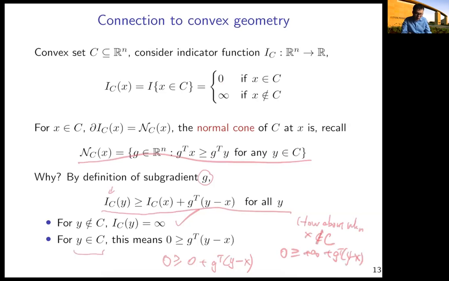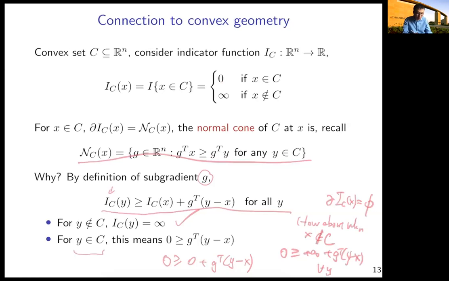This can never be true for all y. Therefore, when x is not in C, the subdifferential of I_C at x is the empty set. Let me know if you're not following this argument.